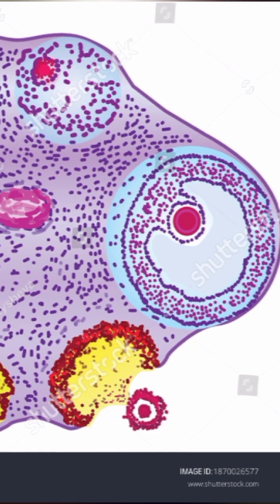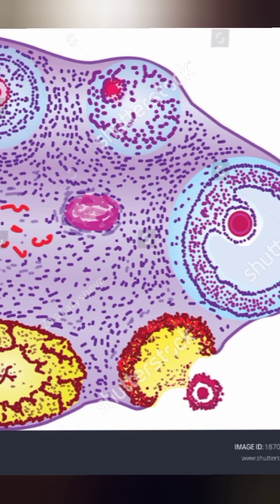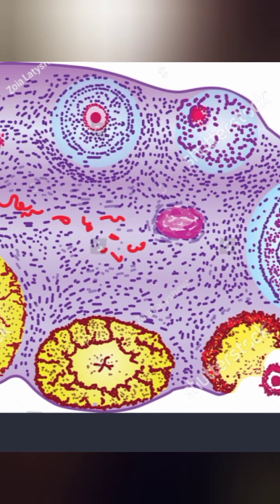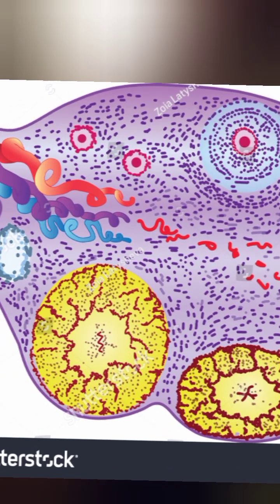Following ovulation, the ruptured dominant follicle becomes the corpus hemorrhagicum, which is then followed by the corpus luteum.